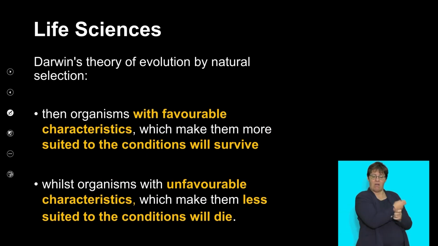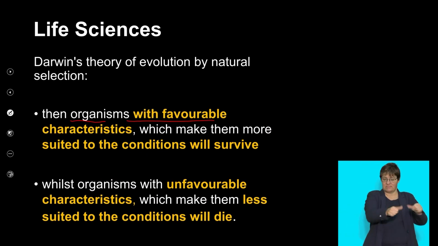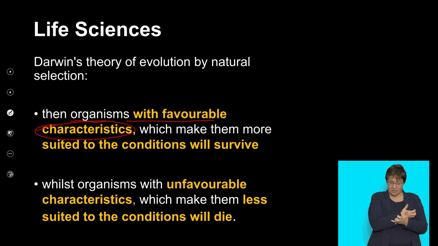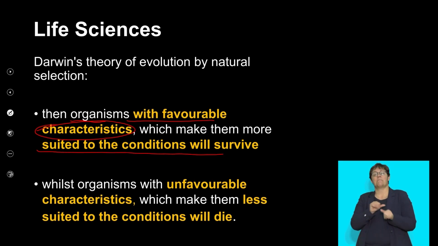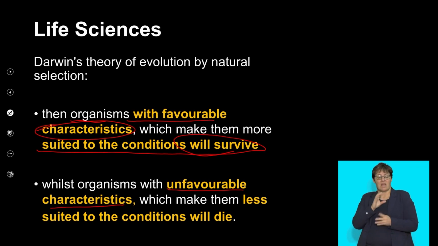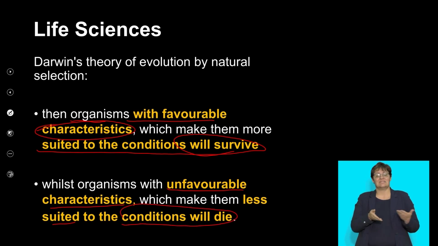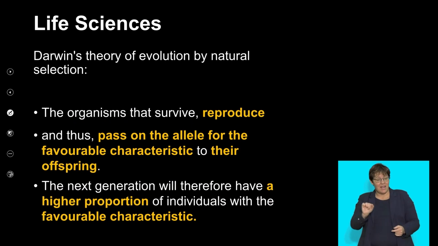Those organisms with the favorable characteristic, in this case being dark and better camouflaged, are better suited to the conditions and they survive. Gradually, those individuals with the unfavorable characteristics decrease in number and are most likely to die, to a point that their numbers become significantly low.